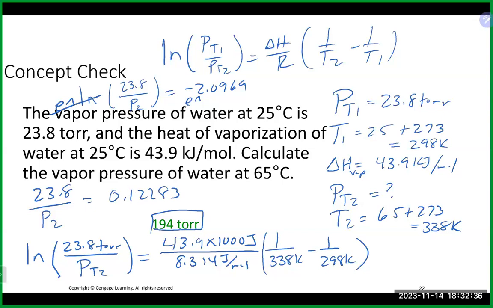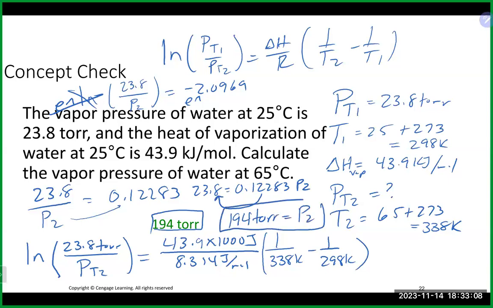By the way, when you do that, it basically just cancels out the natural log on the left-hand side, so the natural log just goes away. At this point, I need to multiply the P2 to this side. So that will give me 23.8 equals 0.12283 P2. Finally, divide that back to the other side. So that's 23.8 divided by that number, going to give me 194 torr.